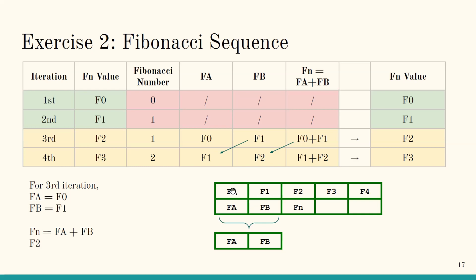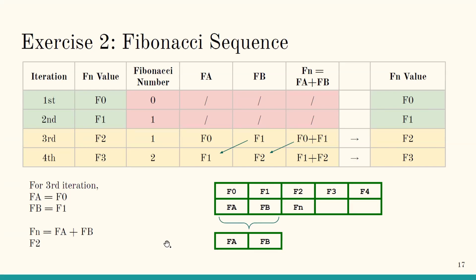You have the Fibonacci sequence on the top, and then Fa and Fb. Add them together, and then you will have your current Fibonacci number F2, right? Previous two numbers and then F2. Okay, now we are done. We have calculated the third row in here, which is F2, right? You substitute that to Fn.